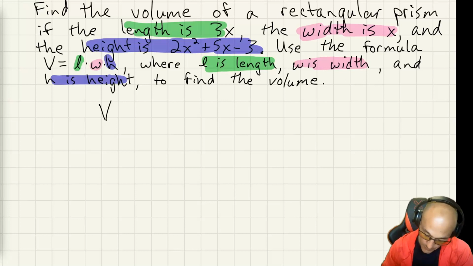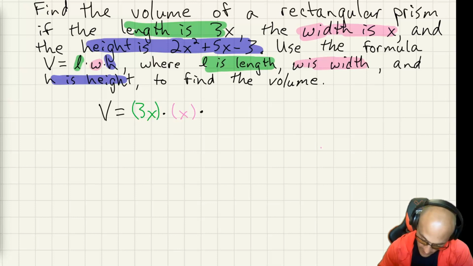So what we need to do is that's equal to, well, the length is 3x times the width, which is x, and I'm going to put this in parentheses, and actually even the 3x would be good to put in parentheses, and then times the height in parentheses, 2x squared plus 5x minus 3.